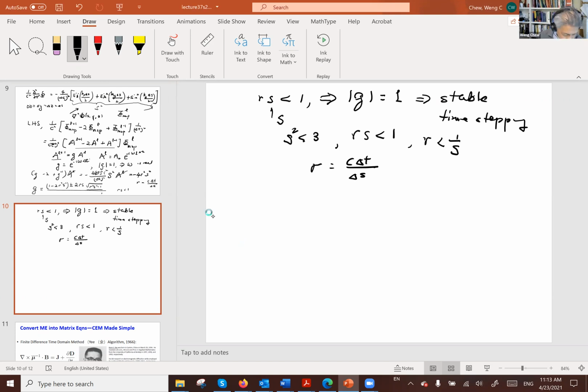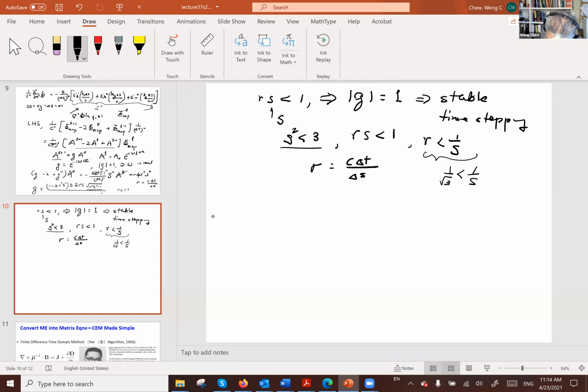So if I look at this condition, then I arrive at the stability condition that this thing, okay, this thing, 1 over S is always larger than 1 over root 3. Okay, because S is bounded by 3. So 1 over S will be bounded on the left-hand side by 1 over root 3.